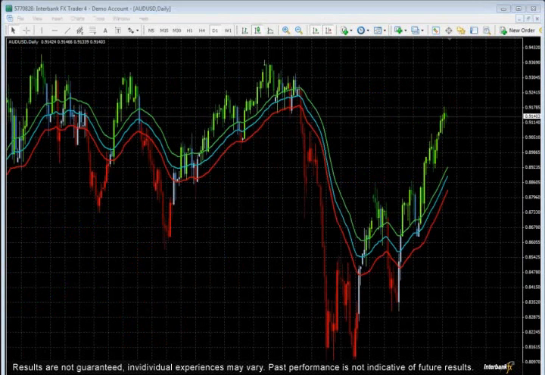The last significant retracement we had was back on the 28th, I believe, of July. So, daily chart, one of the questions was, could we pull back? And if we do, how far back could it go?